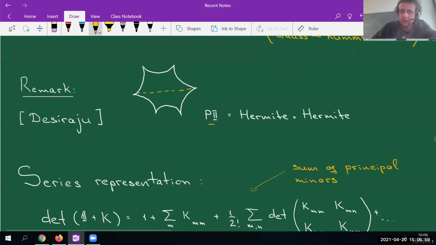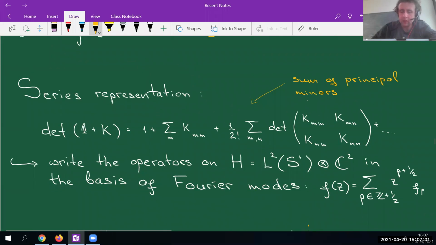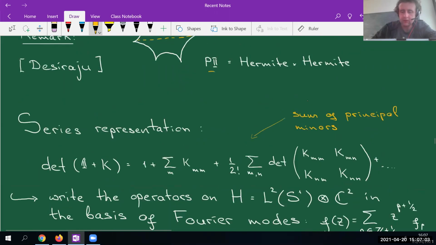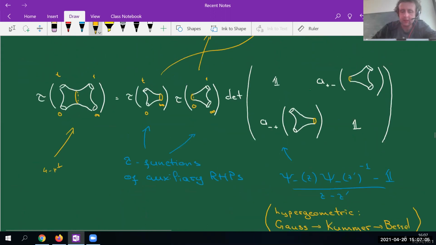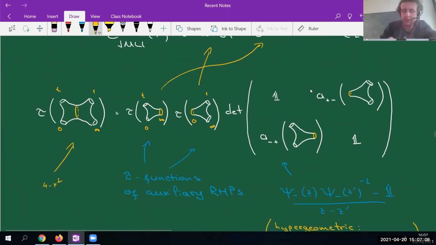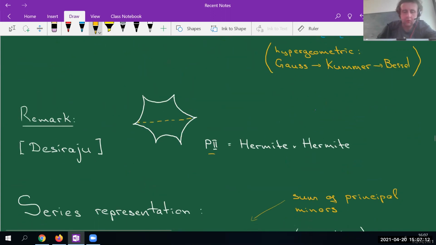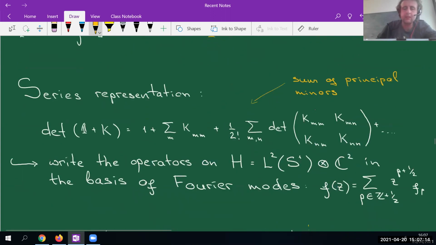So my first aim is to use this Fredholm determinant representation that we have over here in order to produce a series representation for the tau function. And the idea behind this derivation is actually very elementary.